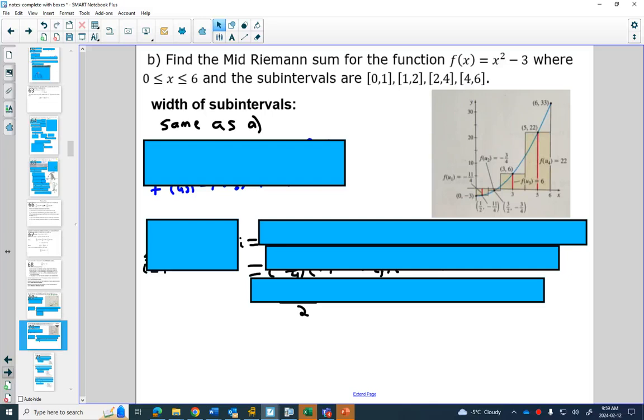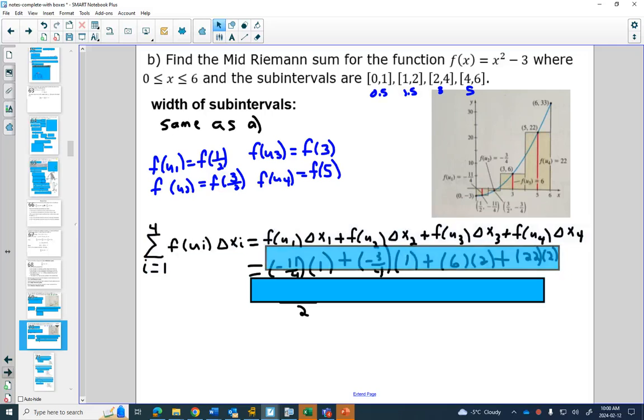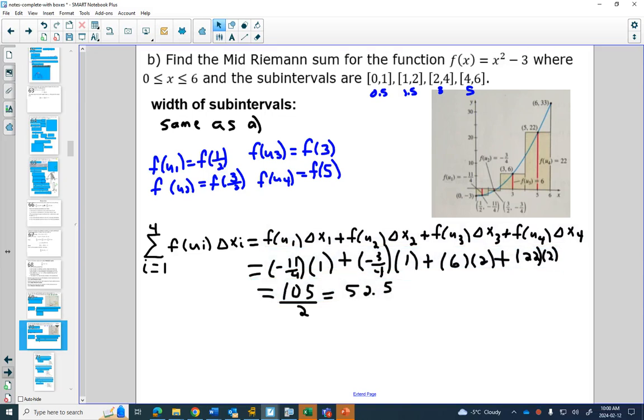So the widths are the same as in A. But now we would have to look at the midpoint of each interval. And this time, we get 52.5.